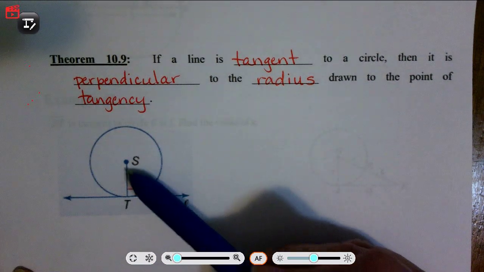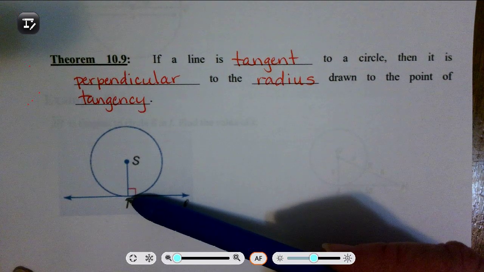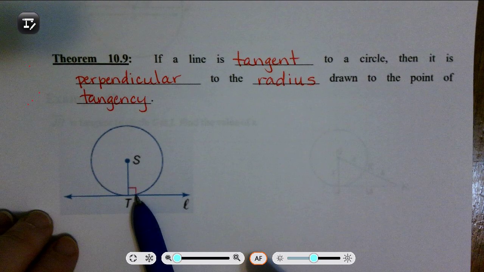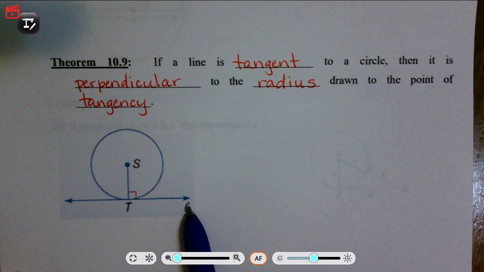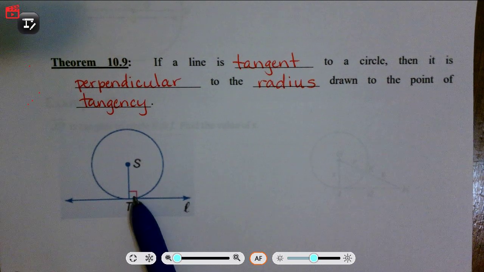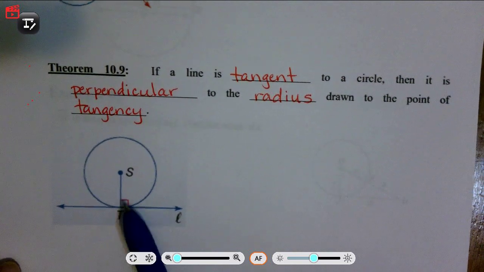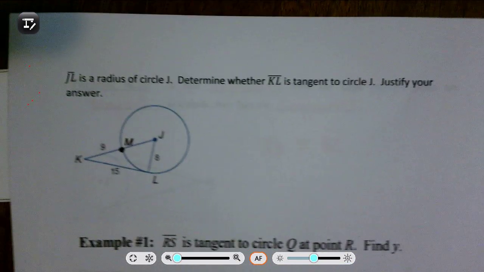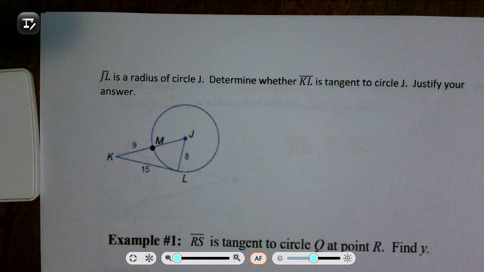When we draw a radius from the center to the point of tangency, we are going to get a 90-degree angle. Okay? So that means if I look at angle ST out to L, this is going to always be 90 degrees. From the radius to the point of tangency, we're going to form a 90 degree angle, or they're going to be two perpendicular lines.